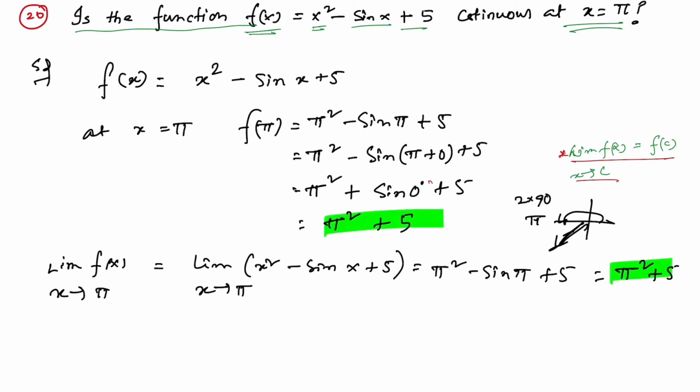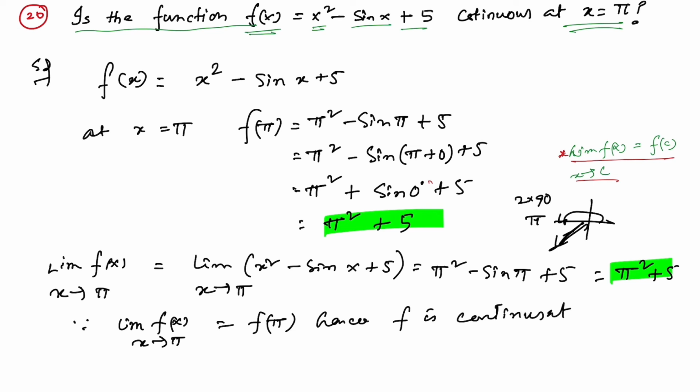So these two are equal. Since the limit of f of x as x tends to pi is equal to f of pi, hence f is continuous at x equal to pi.